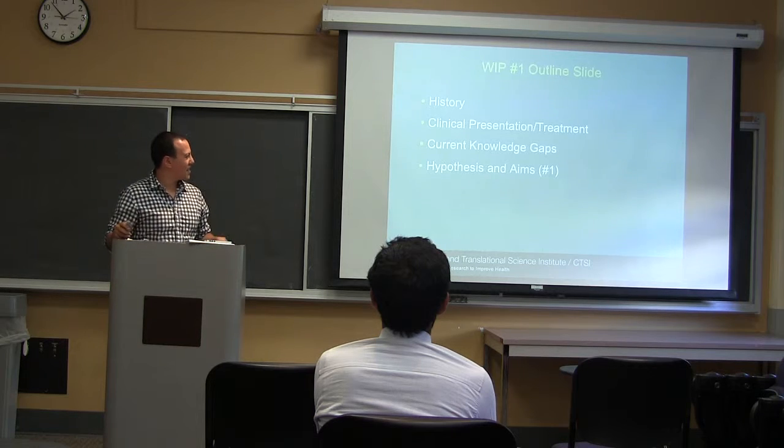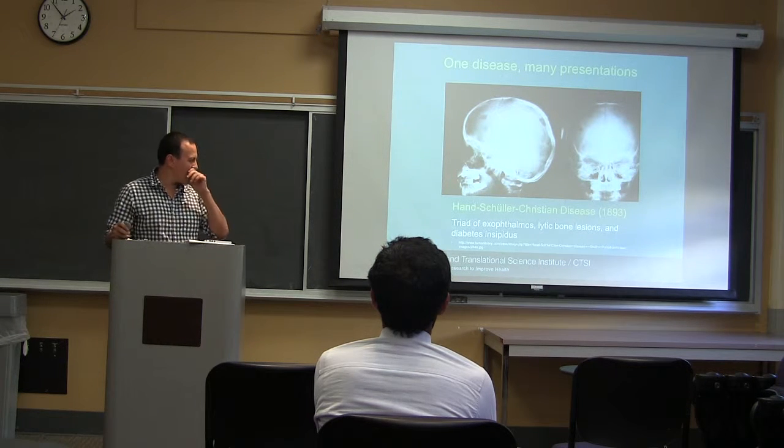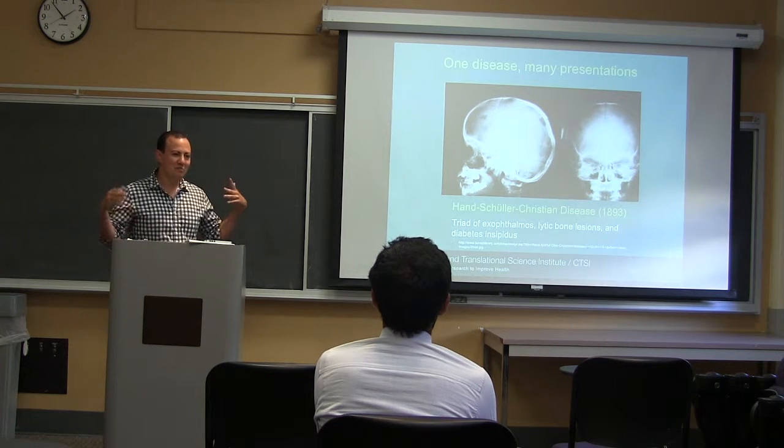So this is the outline for today, and I think we'll just start with the history. It's an interesting history. One disease, many presentations is a thing that comes up with this disease. So Hand-Schüller-Christian disease was one of the first names people assigned. This was back in the day when they didn't have any fancy stains or microscopy, so they were just looking at clinical pictures.